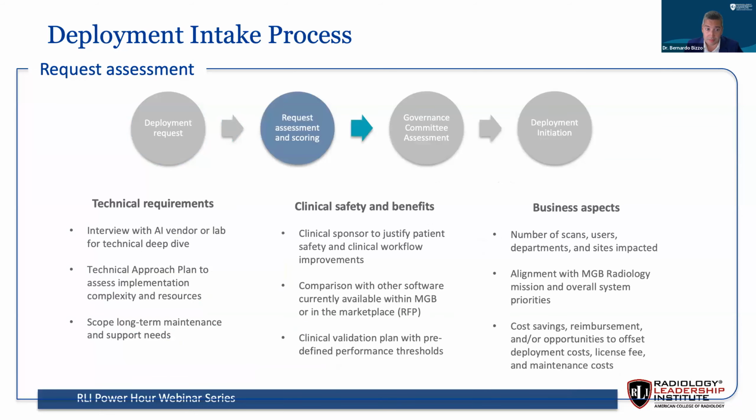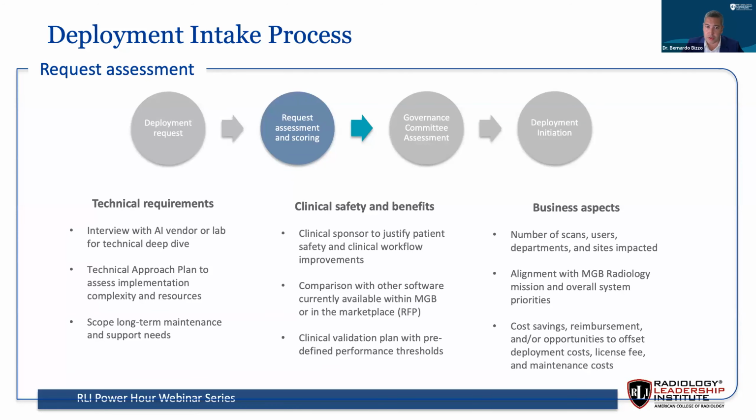Then after that stage, we gather additional information to quantify the implementation complexity, clinical safety and benefits, and the business aspects of the deployment. We have an interview with the AI vendor or lab that's providing the tool to collect information for what we call a technical approach plan, so we can generate estimated team allocations for the implementation and support of the program.